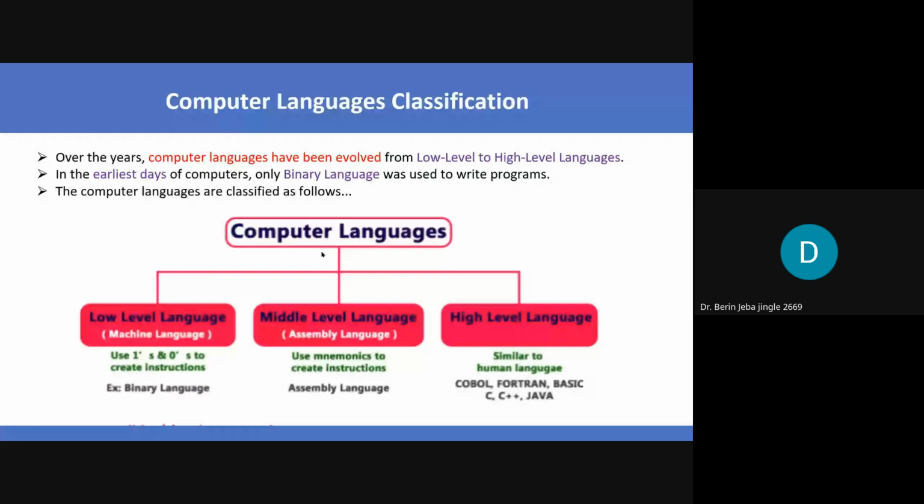If you want to store the result in another variable, store the result comma c. Likewise mnemonics are used in this middle level language. High level language is similar to human language. Examples are COBOL, Fortran, basics of C, C++, Java, etc.